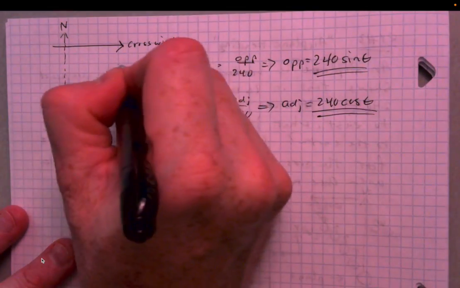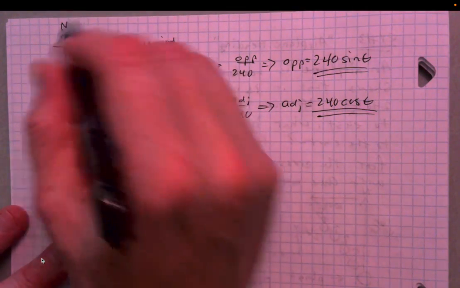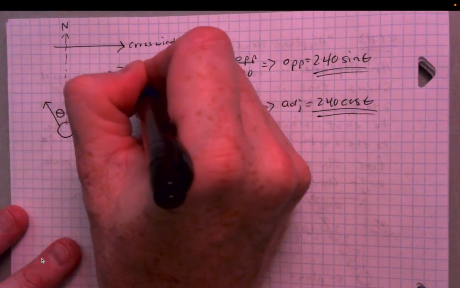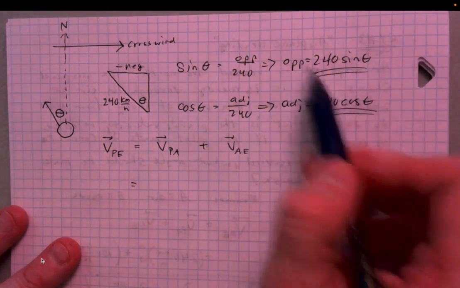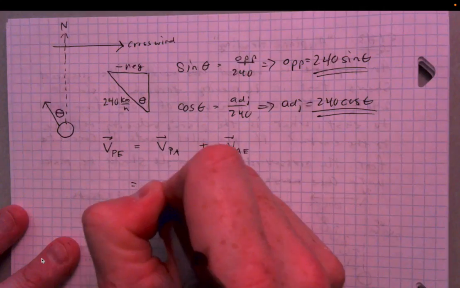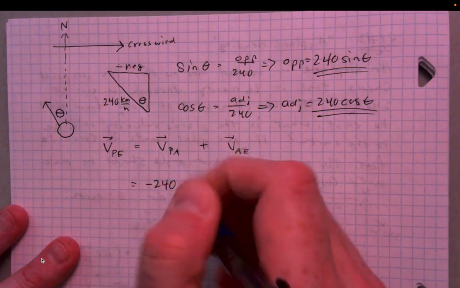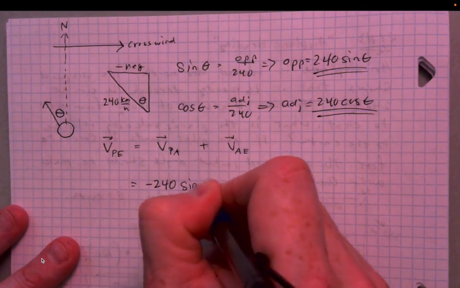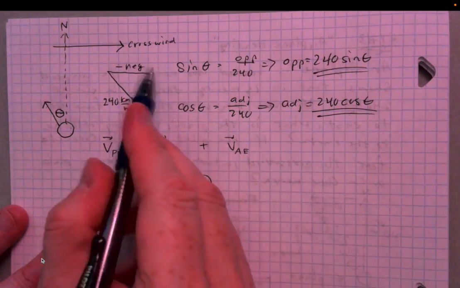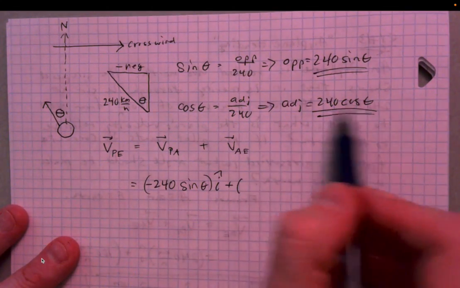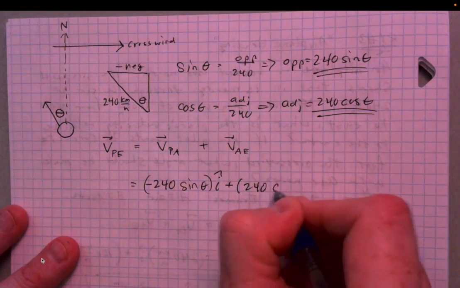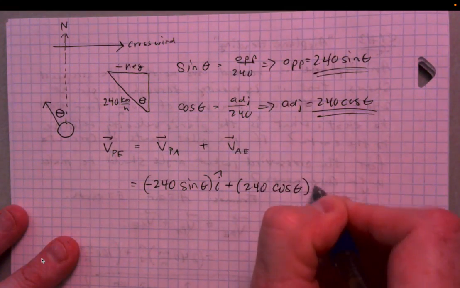Now remember, this is a negative value, right? This is the way we've coordinatized this. This has got to be negative. Okay, so that's this guy here. So this will be negative 240 times the sine of theta, and that's going to be in the i direction, plus this one, 240 cosine of theta, and that's going to be in the j direction.